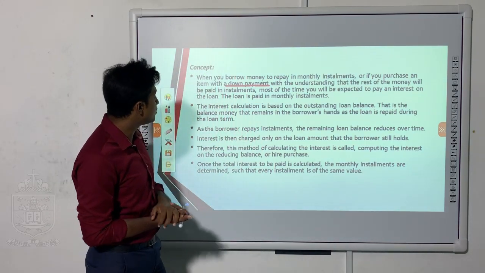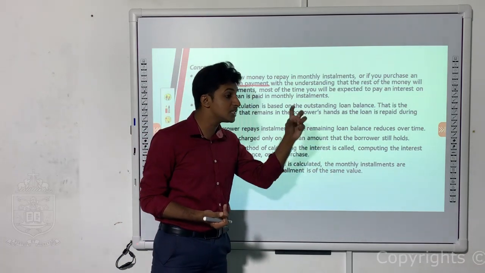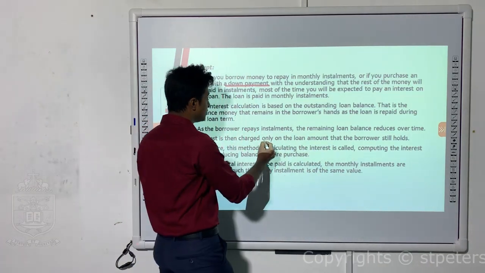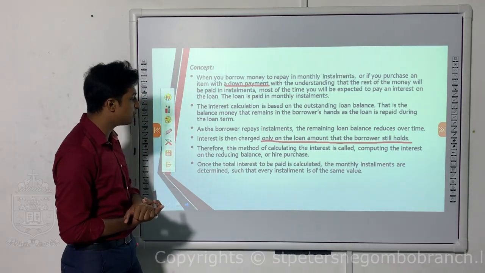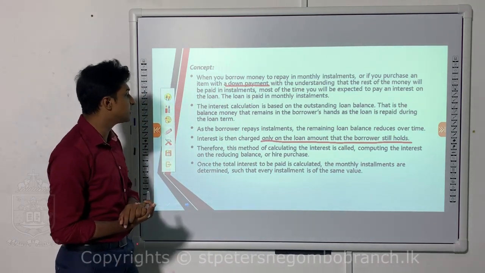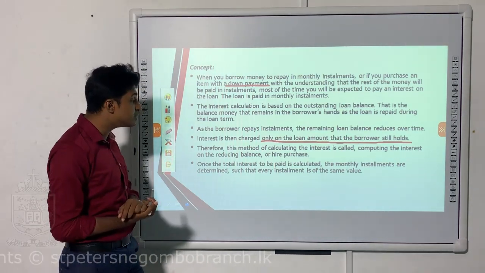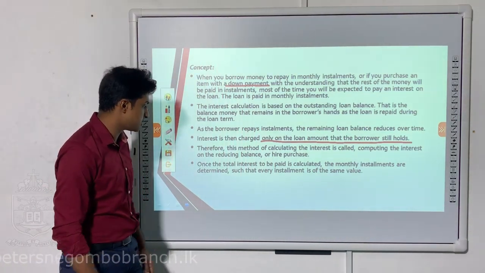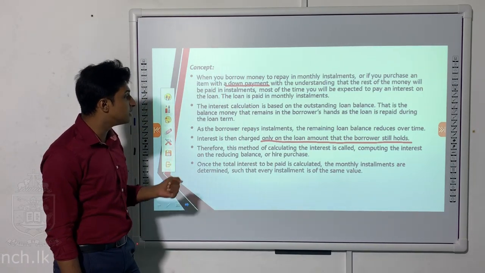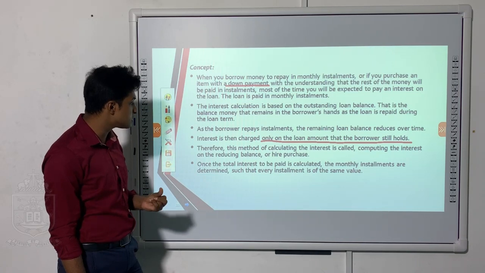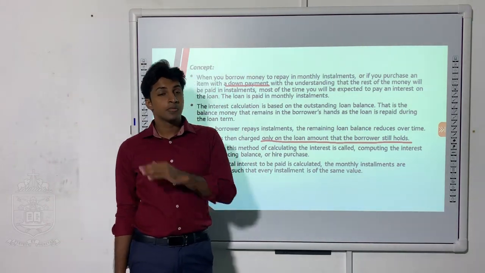Interest is then charged only on the loan amount that the borrower still holds. That's very important. Therefore, this method of calculating interest is called computing the interest on the reducing balance or hire purchase. Once the total interest to be paid is calculated, the monthly installments are determined such that every installment is of the same value, right?